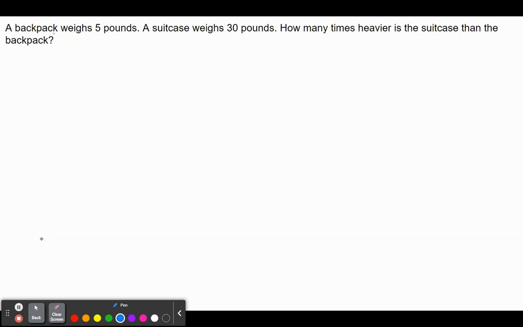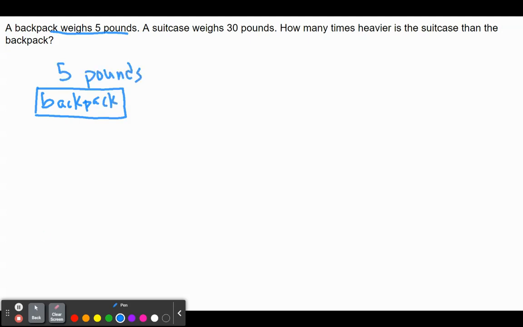So we know a backpack weighs 5 pounds. So I'm going to go ahead and write this right here. Right? So our backpack is 5 pounds. And then a suitcase weighs 30 pounds.